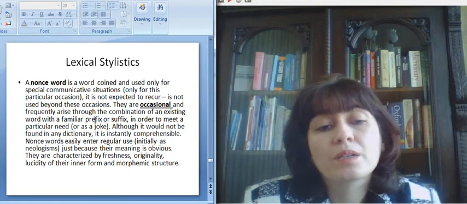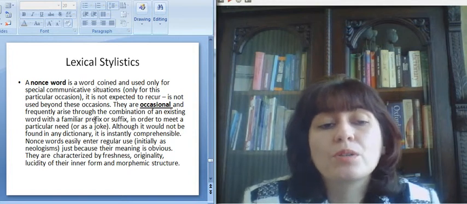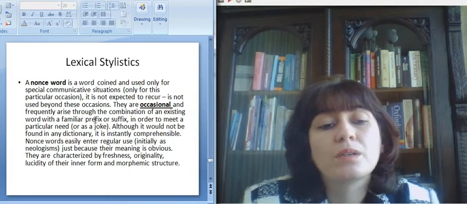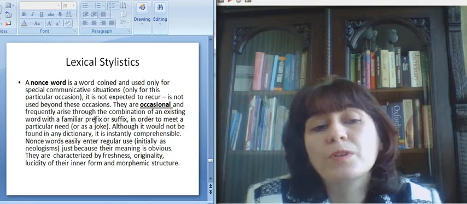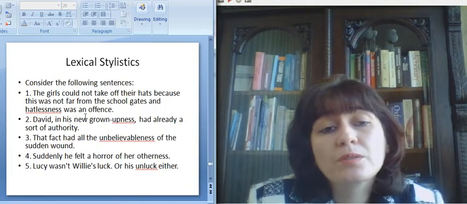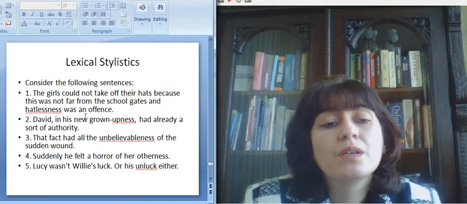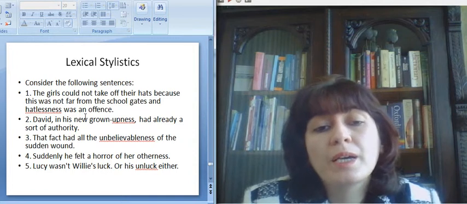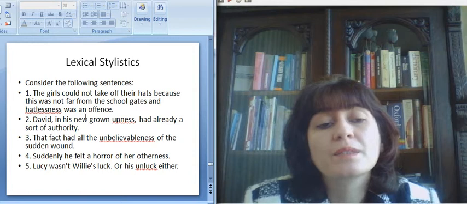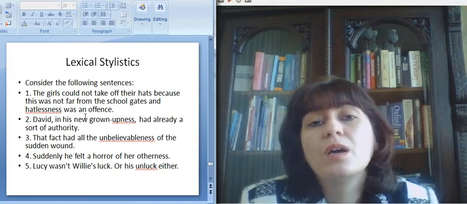Although it would not be found in any dictionary, it is instantly comprehensible. Nonce words easily enter regular use, initially as neologisms, just because their meaning is obvious. They are characterized by freshness, originality, and lucidity of their manner, of their inner form and morphemic structure.